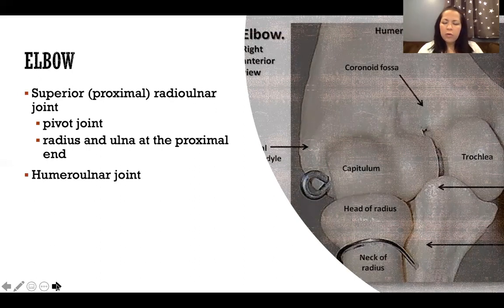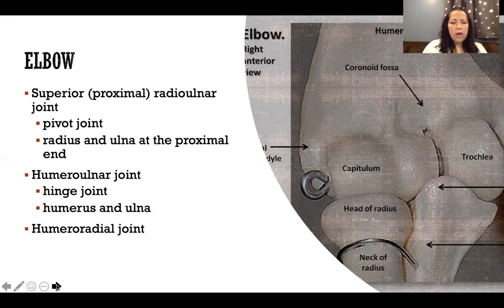Then we have the humeroulnar joint. That's the articulation between the humerus and the ulna. It's a hinge joint, so again, it's uniaxial, but in this case, its actions are flexion and extension. And then the humeroradial joint, the articulation between the humerus and the radius, again, is a hinge joint.